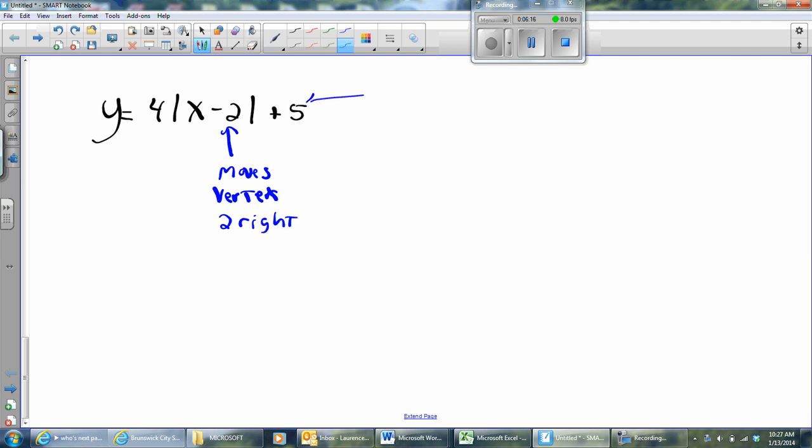This one moves the vertex up 5. So in this problem, the vertex is at 2, 5.